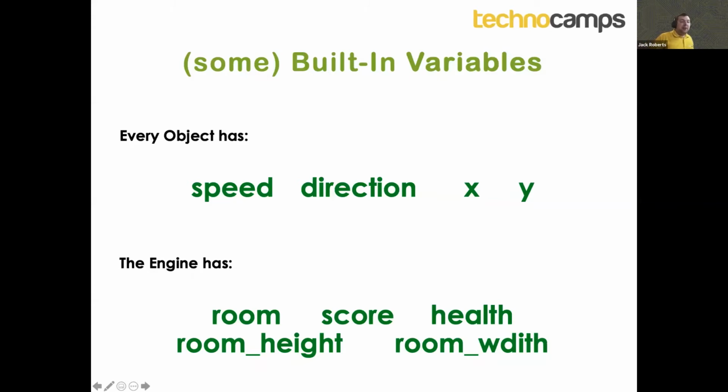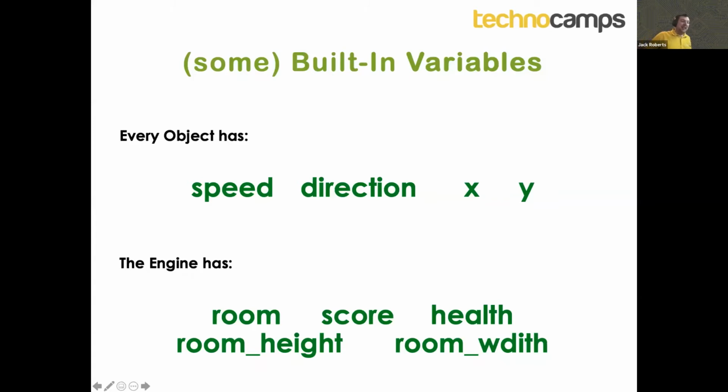The X value of an object is the position of it horizontally across the screen in pixels. And that goes the same for Y. Y is the position vertically across the screen in pixels. That's some of the built-in variables that every object has.